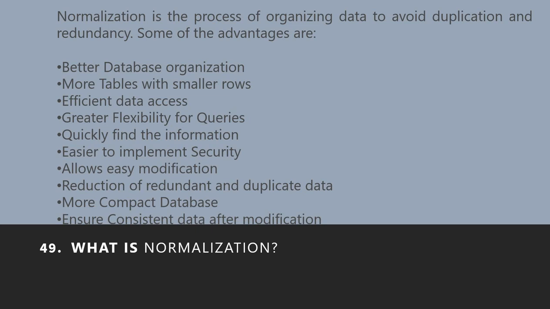Main advantages of normalization are better database organization, more tables with smaller rows, efficient data access, greater flexibility of queries, quickly find the information, easier to implement the security, allows easy modification, reduction of redundant and duplicate data, more compact database, ensure consistent data after modification. You can give 2 or 3 advantages if you come across this question.